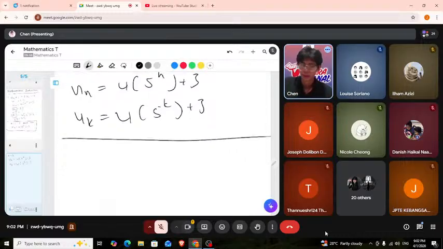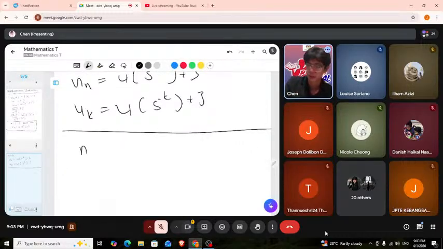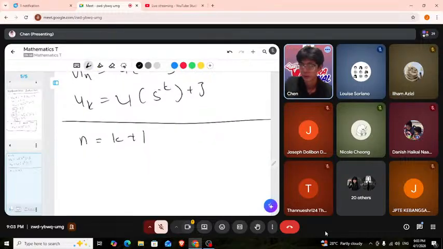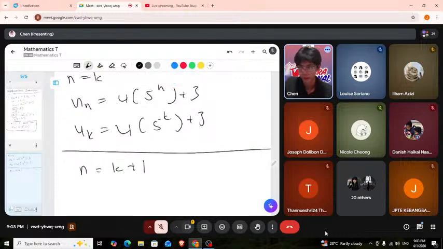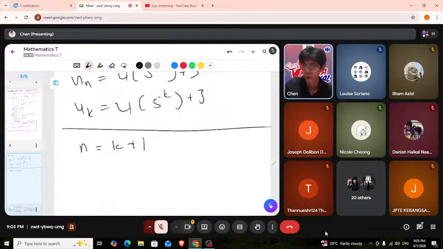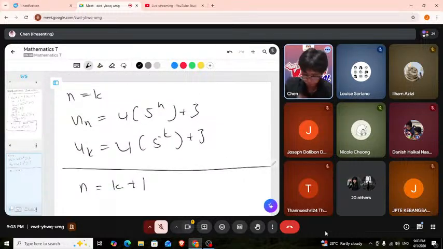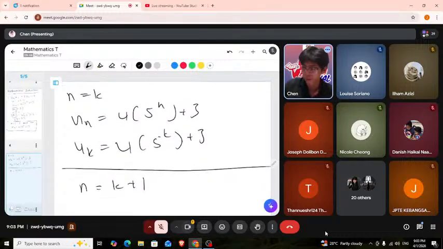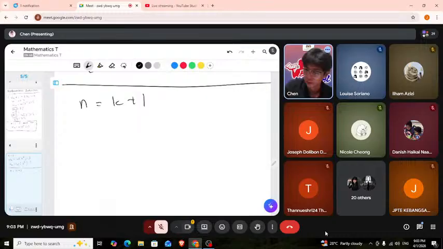Then next is n equals k plus 1. So here it is something different already. So n equals k plus 1. You just continue. We have here the recursive just now. Wait, it's not okay. uk plus 1 plus 5 uk plus 1 minus 12.